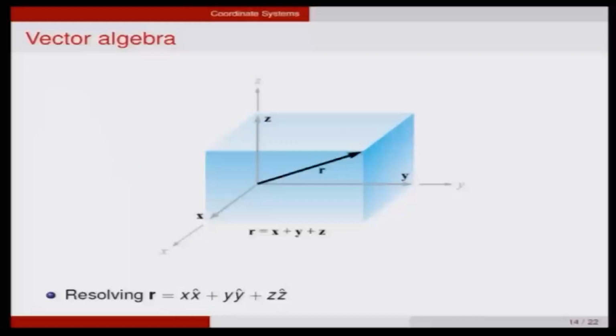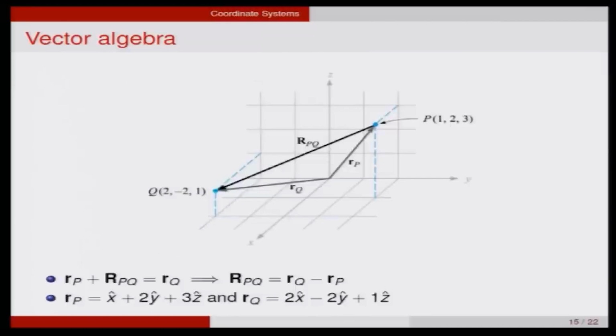These vectors are x x-hat plus y y-hat plus z z-hat, where x, y and z without the hats are the magnitudes that depend on the particular vector r that you are considering, and x-hat, y-hat and z-hat are the unit vectors along the x, y and z directions. So this is the resolution of a vector.